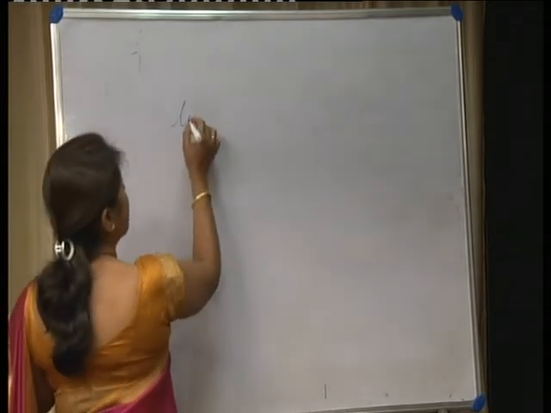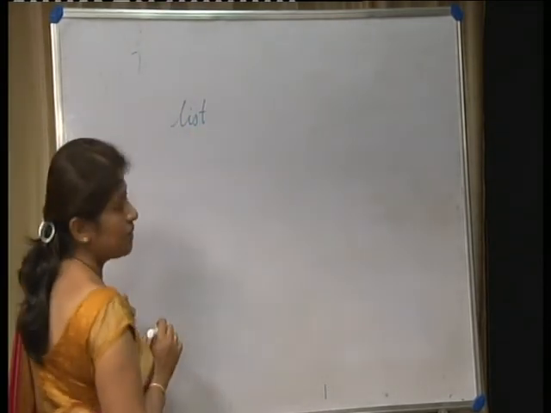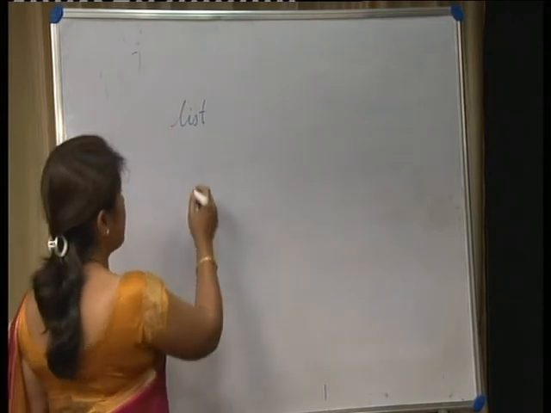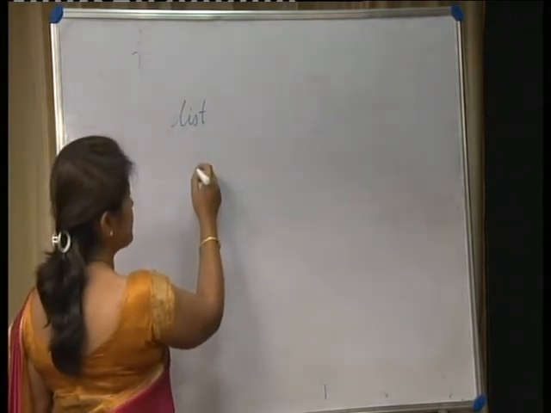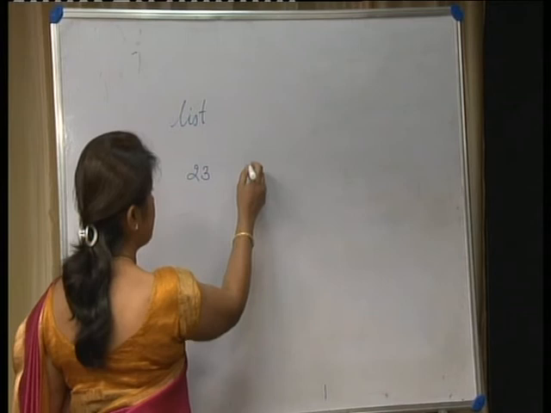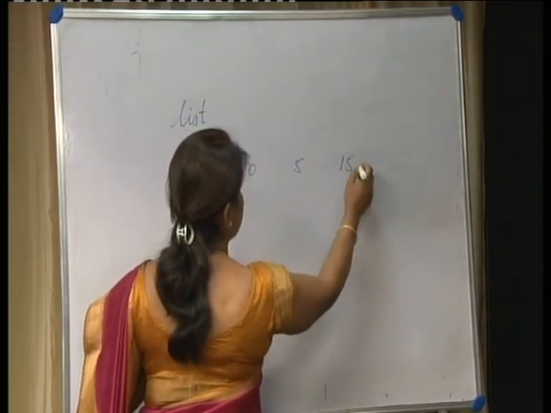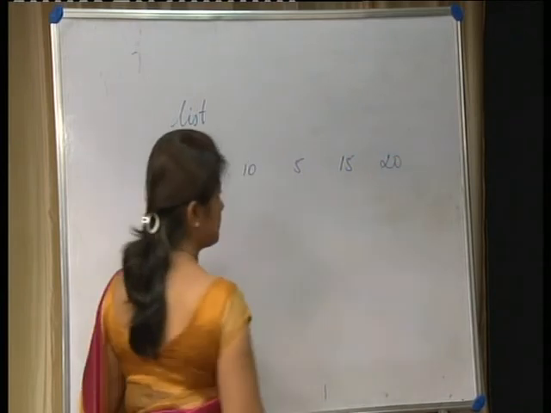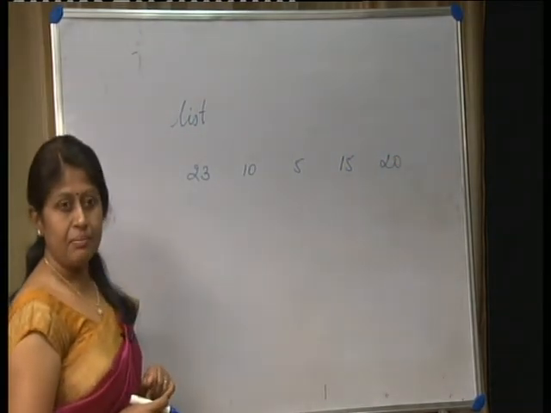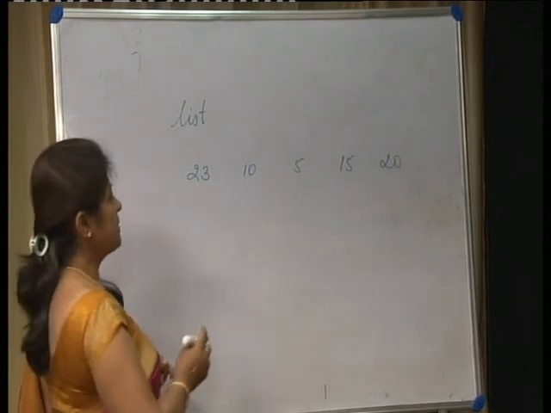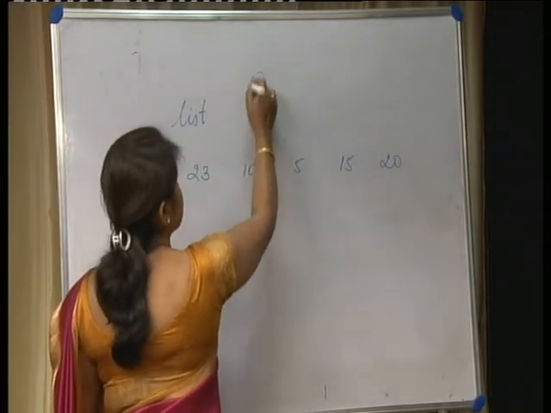Suppose we have an array called list and it has a list of values such as this, say 23, 10, 5, 15 and 20, and my search element happens to be say 5.